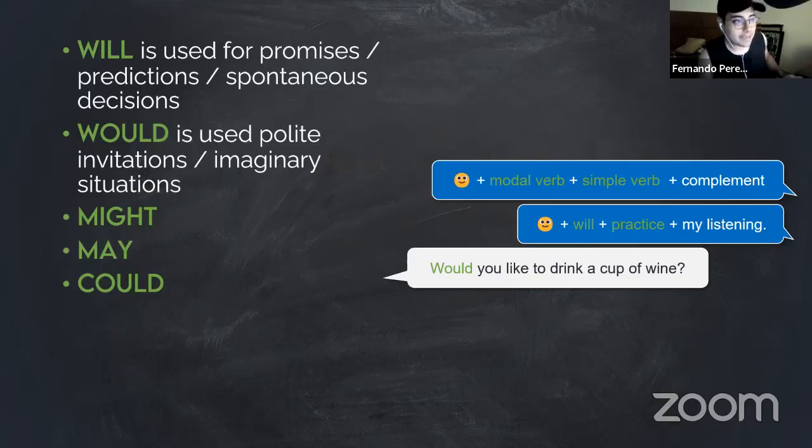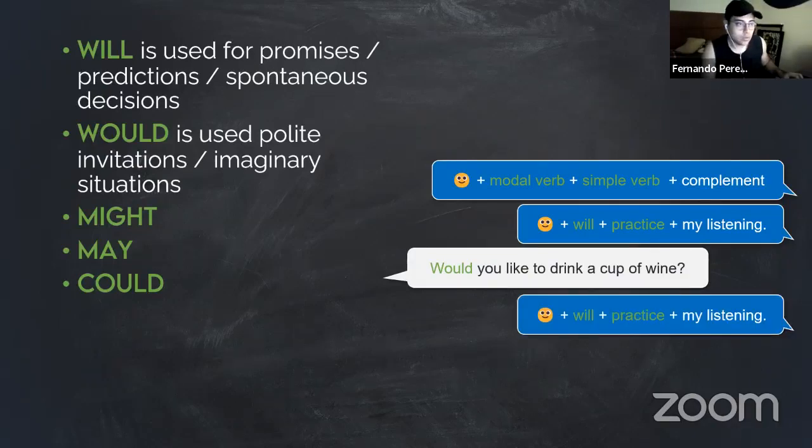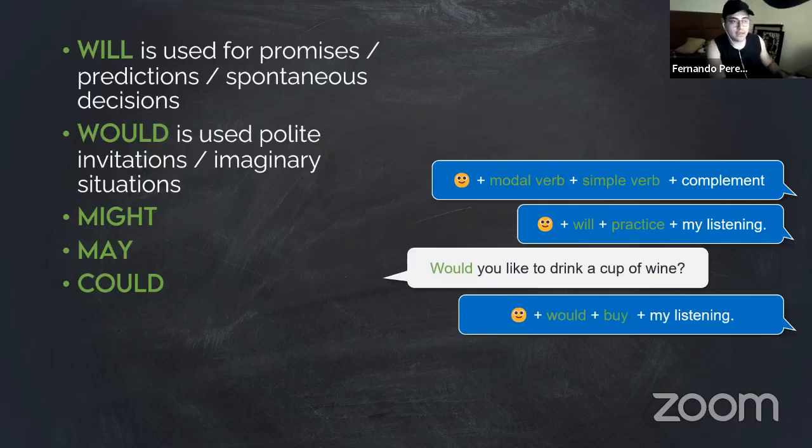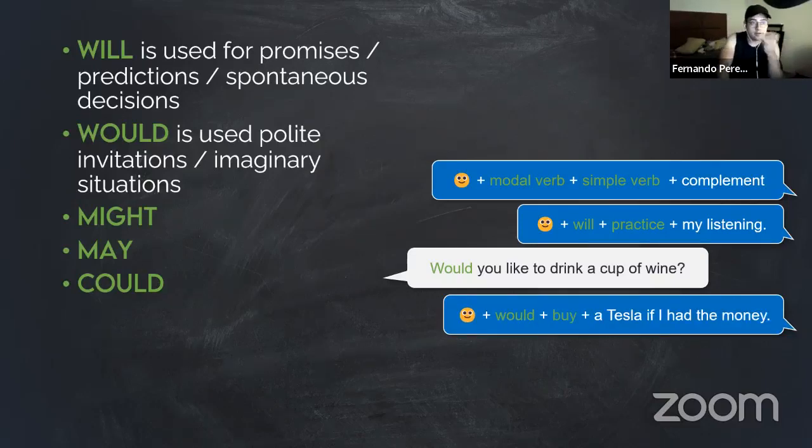An imaginary situation in your life, for example, I would buy a Tesla if I had the money. That's my imagination, you know. I would buy a Tesla right now.